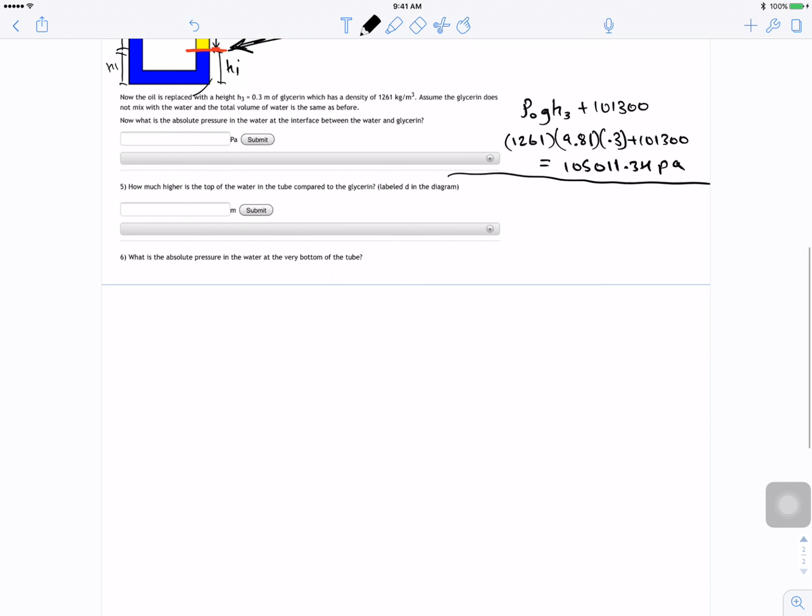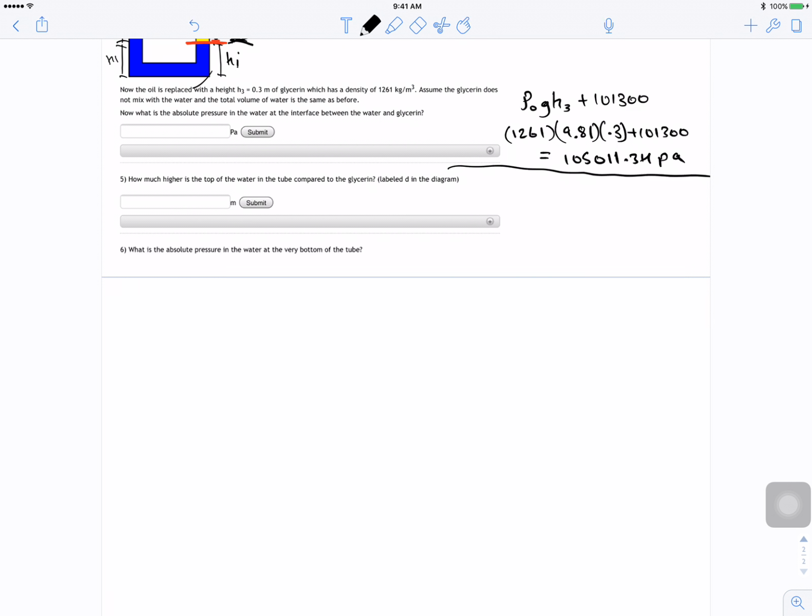Now, how much higher is the top of the water in the tube compared to the glycerin? They want us to find the distance D. So ρ of the oil g H3 is going to be equal to ρ of the water g times (D plus H3).